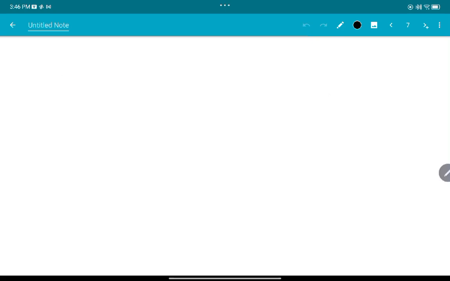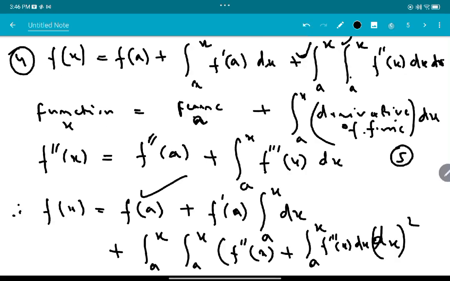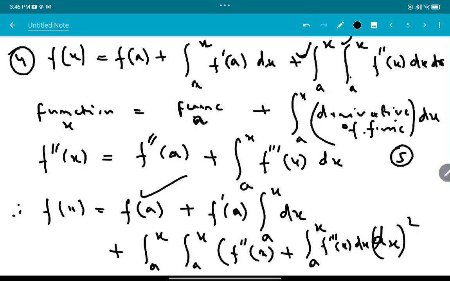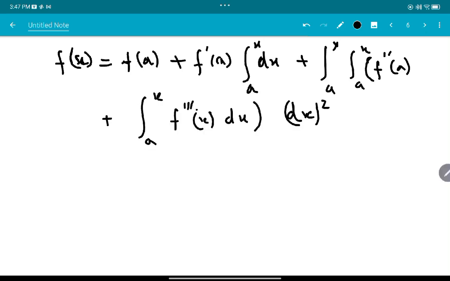Then we have a to x of f'''(x) dx into dx squared. The dx squared we already had from the previous expression, and the new part is f'''(x) dx. You can check it yourself.